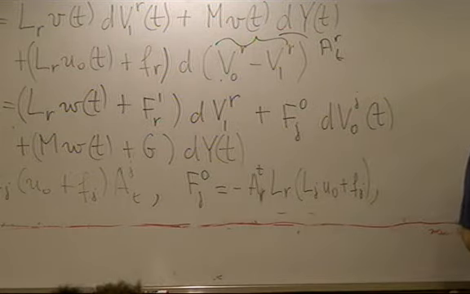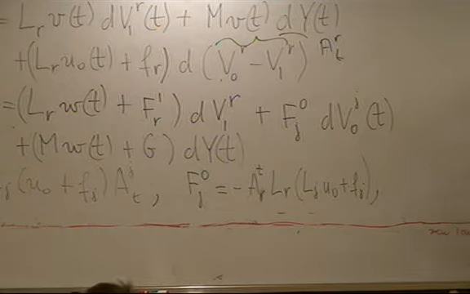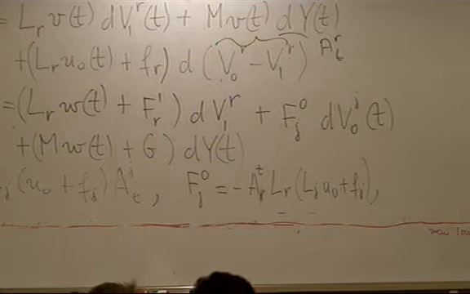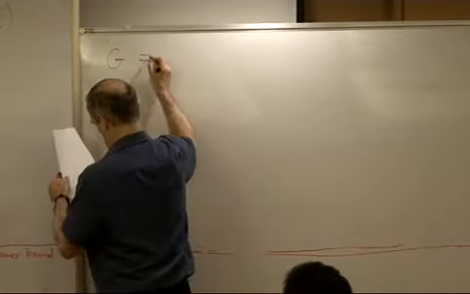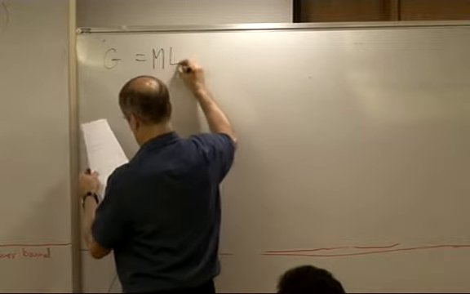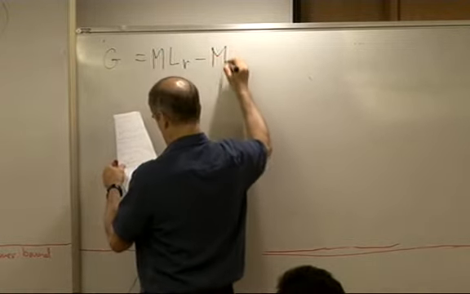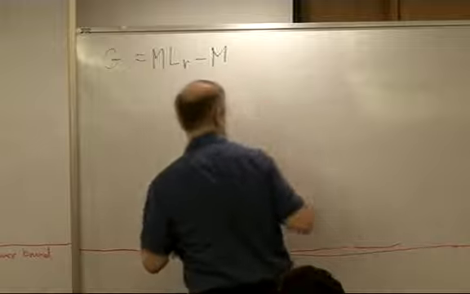So the G is, we already know this equation. The G is M LR minus LRM.